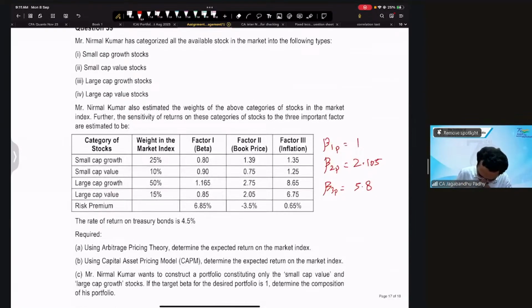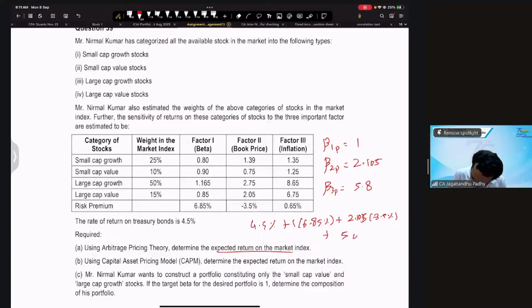Now, using arbitrage pricing, what is the expected return of the market index? Now, this is obviously going to be 4.5% plus 1 into 6.85% plus 2.105 into minus 3.5% plus 5.8 into 0.65%.